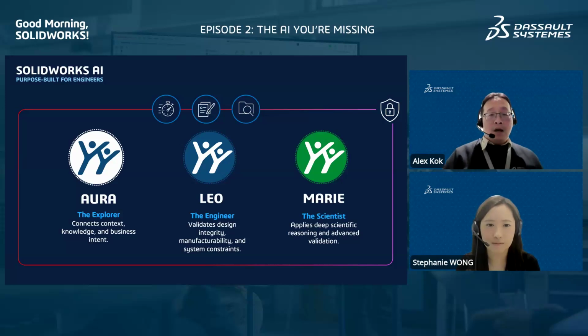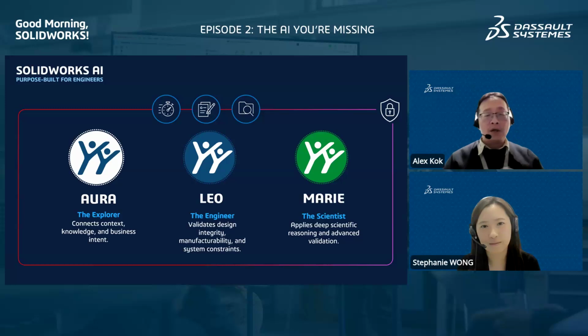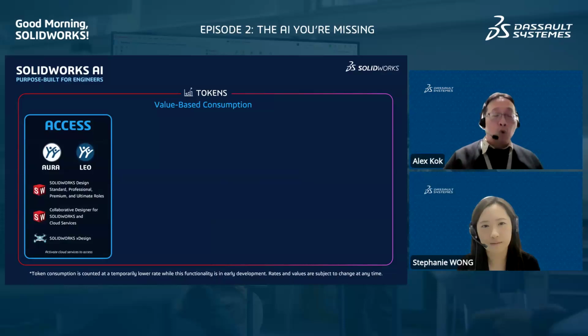All right. In relation to the virtual assistants, there are several things I need to highlight. Of course, like I've mentioned, Aura and Leo are the two primary virtual assistants that we have access to. But a few other things also. Who has access to them?